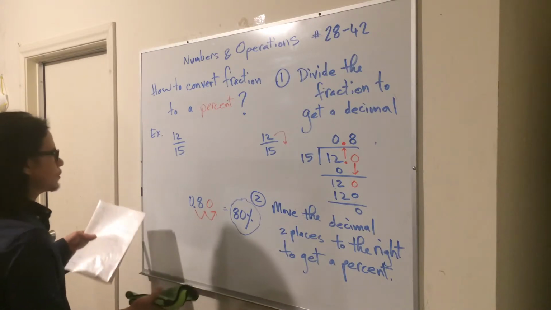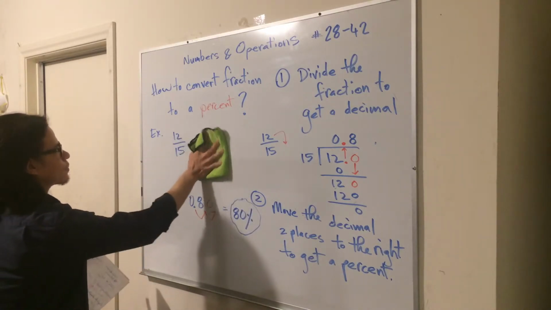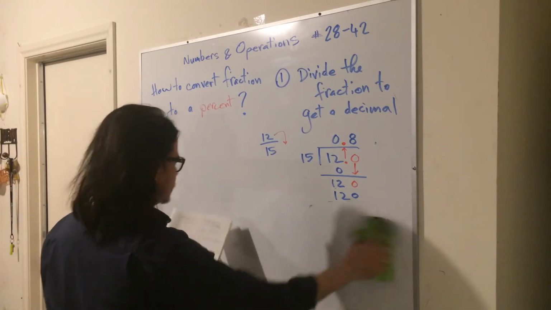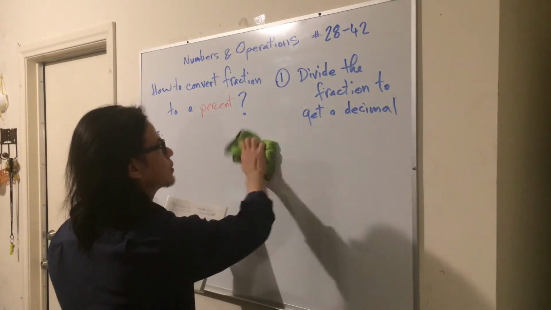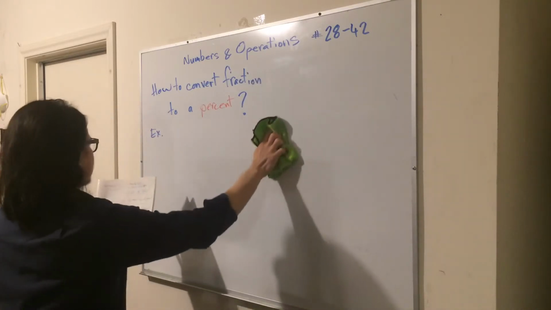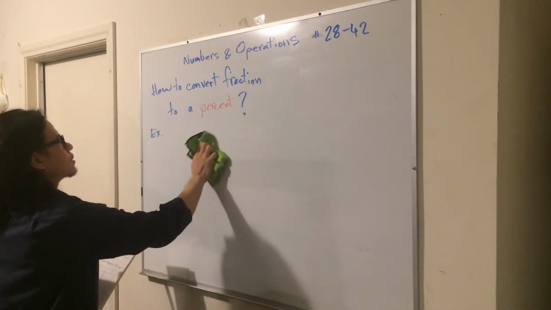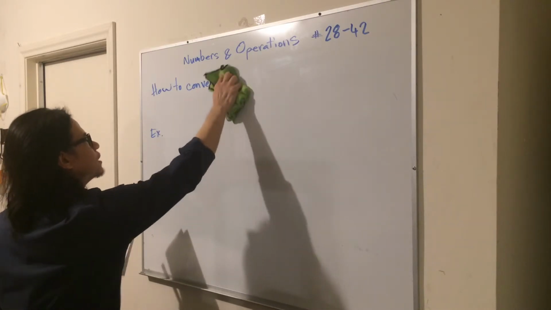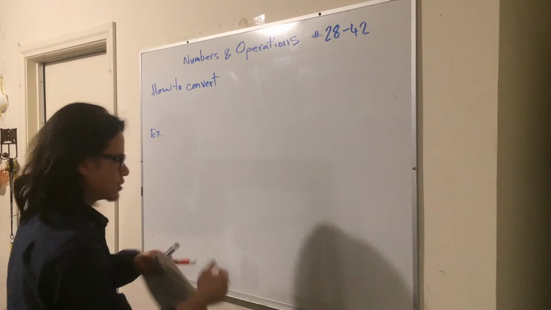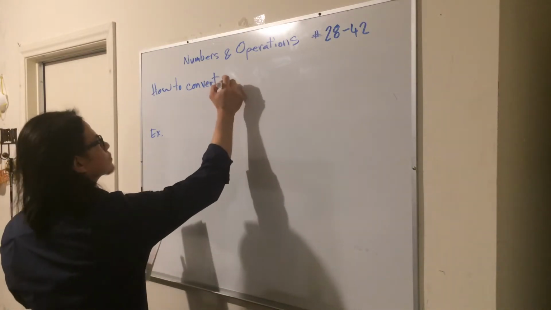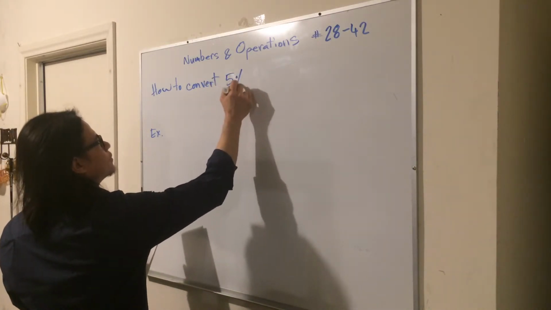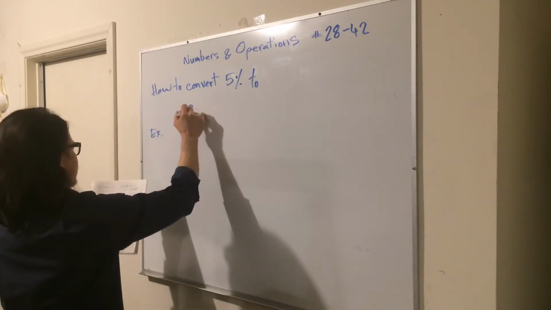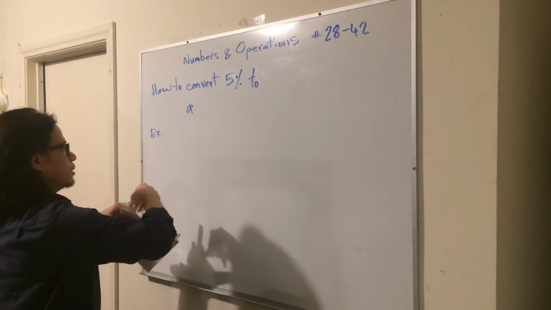Okay, so let's convert. Let's have fun converting 5% to a decimal. So we converted fraction to a percent. Let's convert percent to a decimal. It's a triple changer. 5% to decimal number.